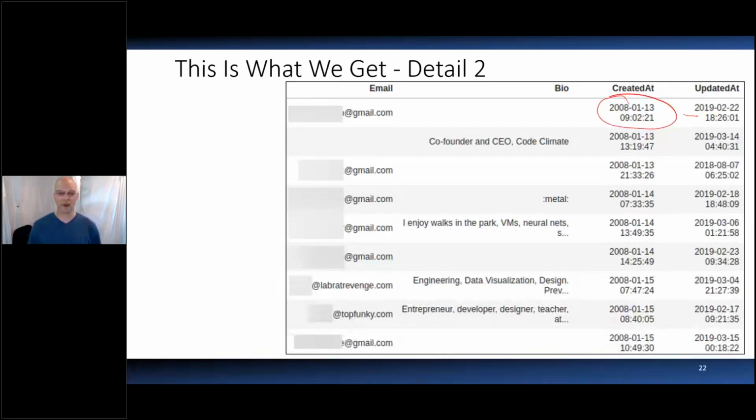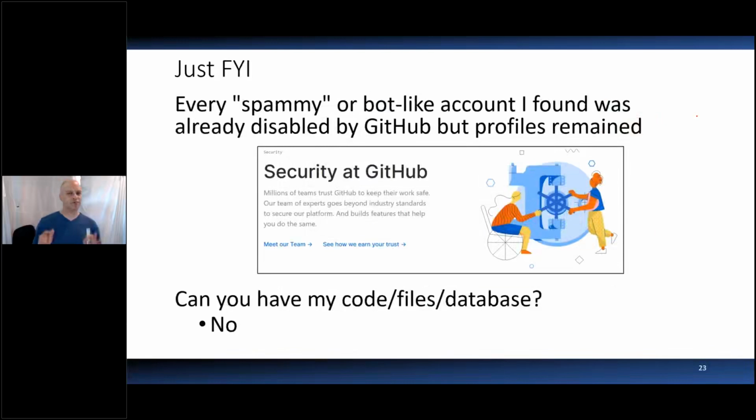So before we get any further, I just wanted to let you know that some of you are probably thinking, hey, did he report this stuff to GitHub? And the answer is no. But I don't feel like I needed to bring them into the picture, because every single spam account I found, every bot account I found, when I looked up their profile, it already said that their account had been disabled or suspended.